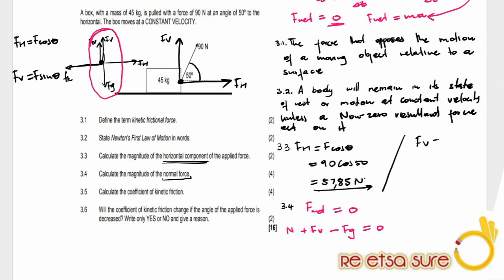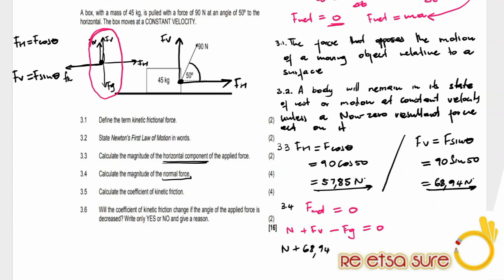So the Fv is going to be F sin theta. What is the magnitude of F? It is 90 sin 50. And then when I press my calculator, Fv is equal to 68,94 newtons.